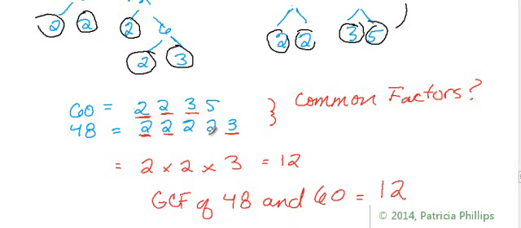And these 2 are just left over. These 2 that are left over from the number 48, there are no more 2s in the number 60 to match with them. So basically, you can just scratch them out.